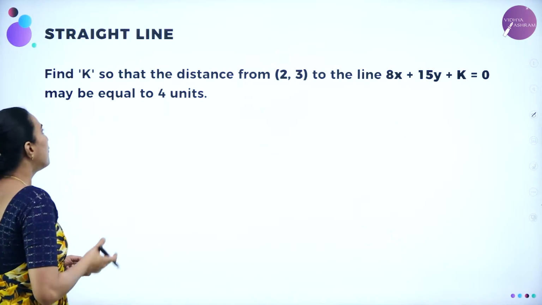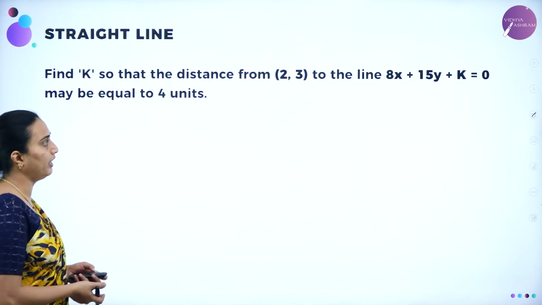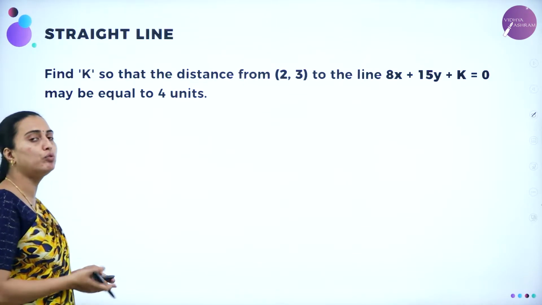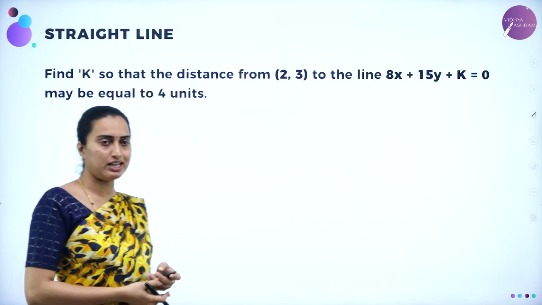What they've asked: find k so that the distance from 2, 3 to the line 8x plus 15y plus k equal to 0 may be equal to 4 units. So D they have given as 4 units.